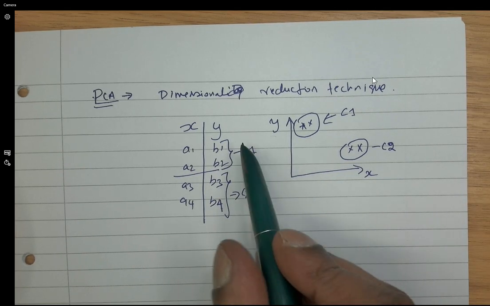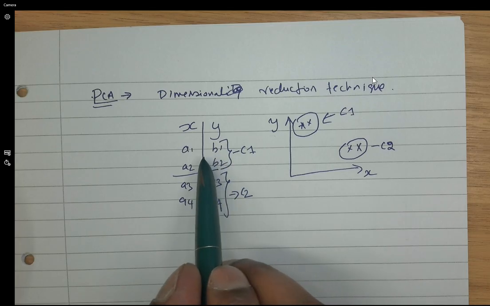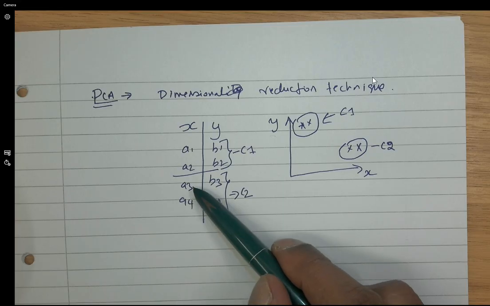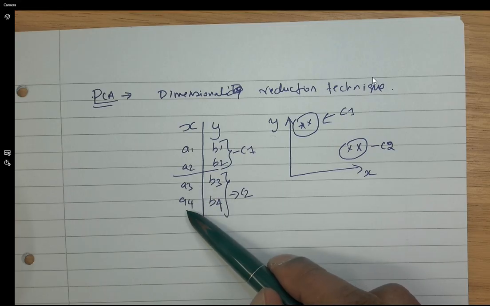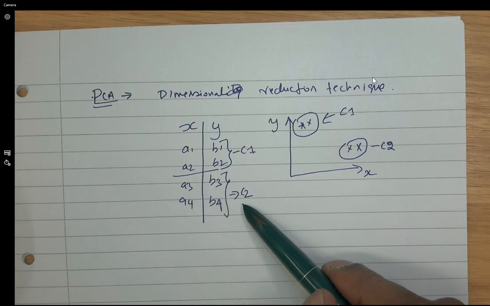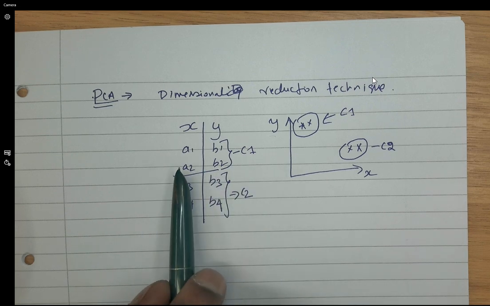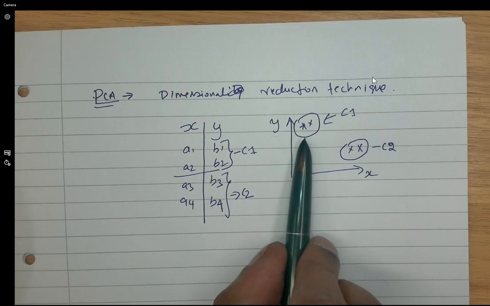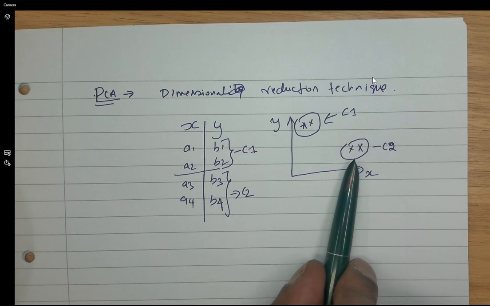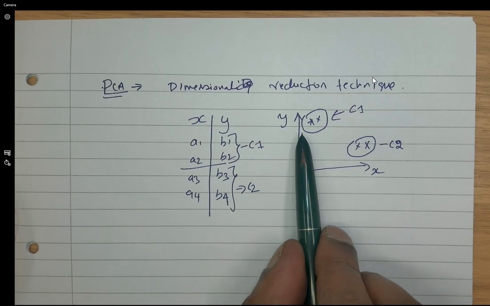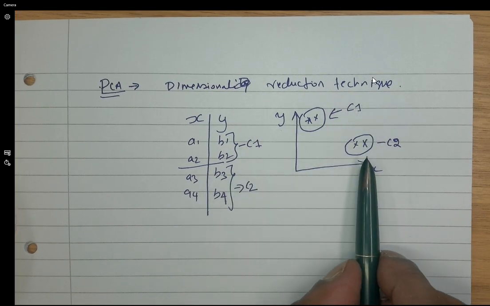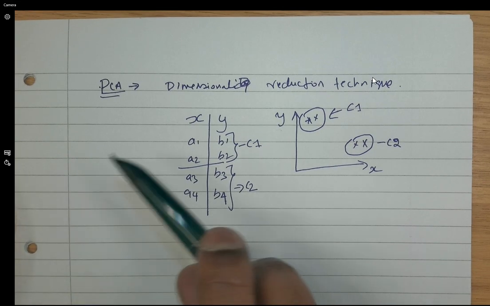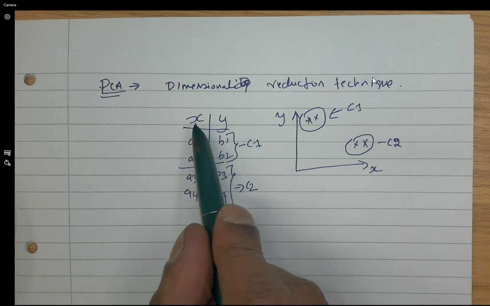Even if you don't have any information that the first two points belong to one category and sample 3 and sample 4 belong to category 2, once we plot this data into x and y, you clearly see two points on one side and another two points on the other side. That already tells something, that these two points may belong to one category, and these two points may belong to another category. So this becomes very simple if you're dealing with only two dimensions, x and y.